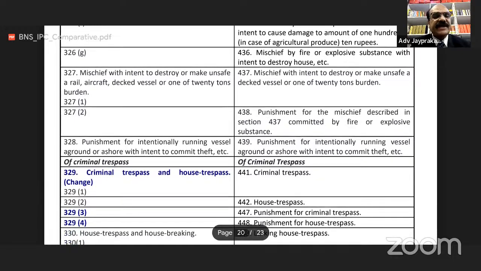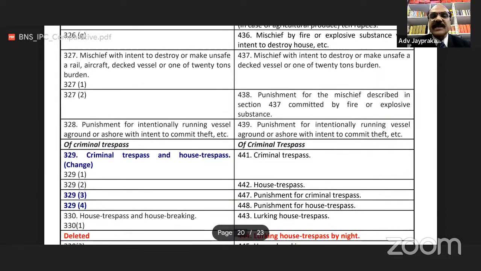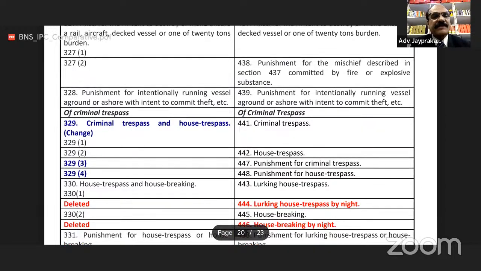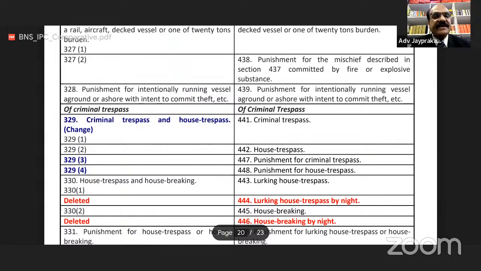BNS section 327(1), BNS section 327(2) is related to punishment for the mischief described in the above section. Its corresponding section was in IPC 438. BNS section 328, punishment for intentionally running vessel aground with intent to commit theft. Its corresponding section was in IPC 439.